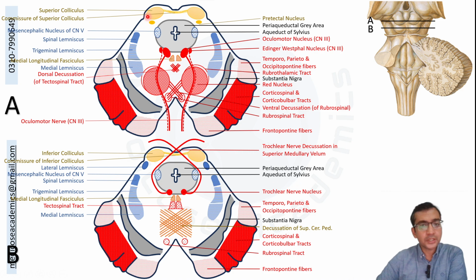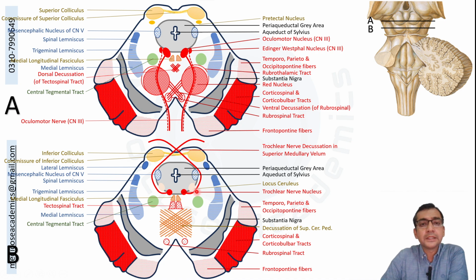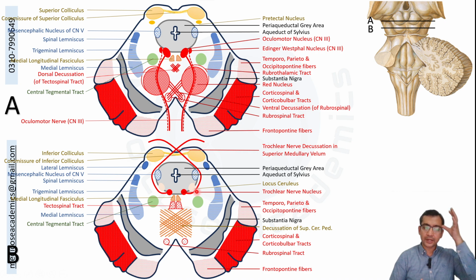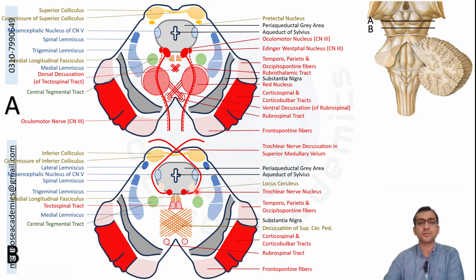Then there are some other nuclei, relatively lesser known and lesser discussed. Locus ceruleus is a nucleus that secretes norepinephrine, and it has a variety of functions. The central tegmental tract is a tract that connects the red nucleus and reticular formation with the olivary nucleus below.